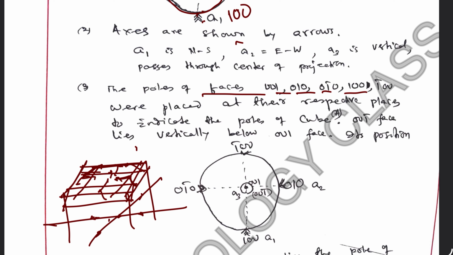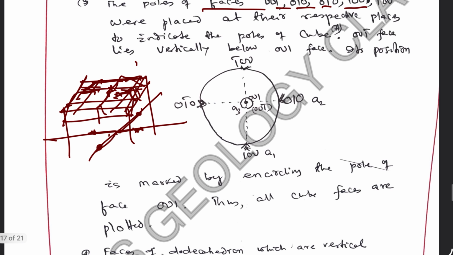This face is at the center. So this face is making a 45 degree angle. This angle, this angle, this angle, this angle. So from here 45 degrees, from here 45 degrees, from here 45 degrees, from here 45 degrees. These are the 4 faces of the rhomb dodecahedron which are occurring in the upper hemisphere.